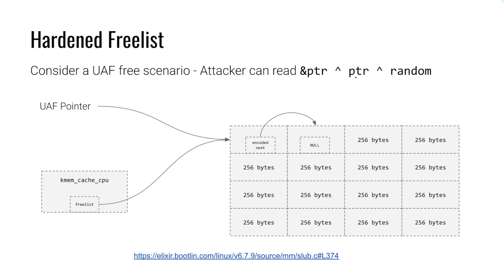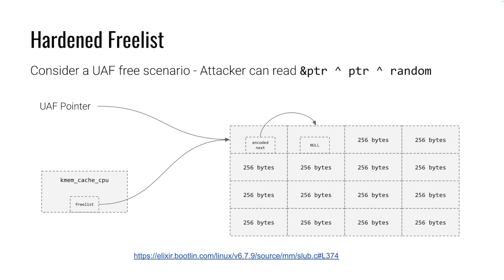But if they have a use after free and the ability to influence the state of the free list, they can create another scenario. What happens if the use after free's next pointer is null? It's very similar to what we had initially.